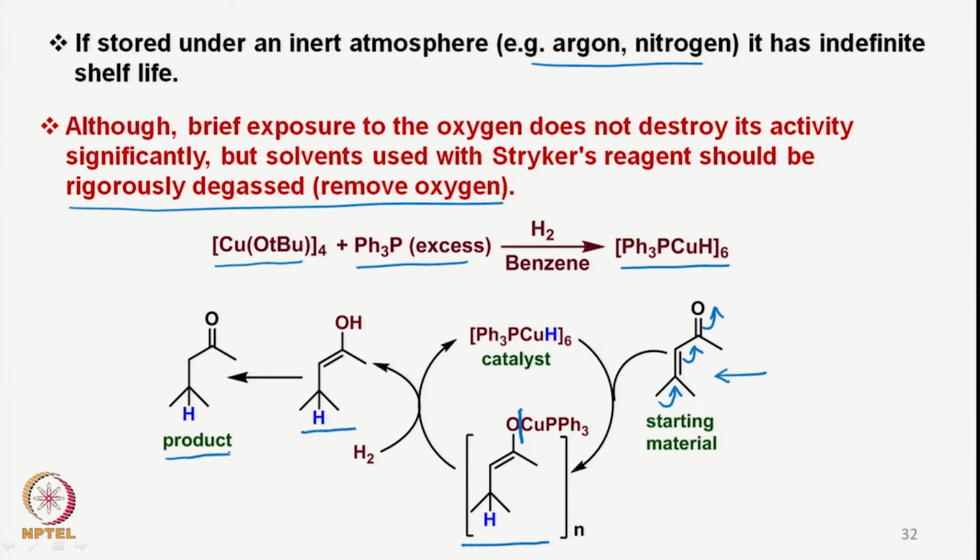So basically this is how the catalyst is used, where now molecular hydrogen is used in a stoichiometric way, essentially to cleave the oxygen copper bond here and regenerate the Osborne complex or the Stryker's reagent, and the reduced product, the ketone, is formed.